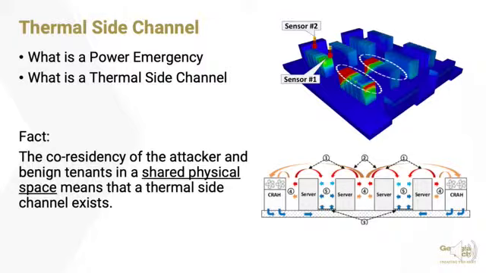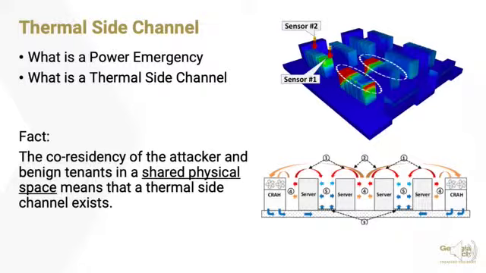Now then, what is a thermal side channel? We'll start by looking at the servers, right? Almost all server power is converted into heat during normal usage. As that heat exits the server, some of that hot air may recirculate and travel elsewhere within the data center to other server racks.